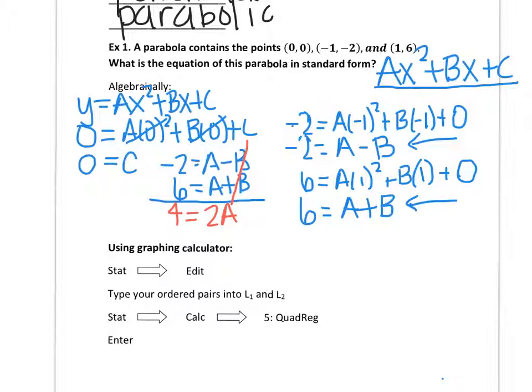What is A going to equal? We'll divide out the 2. A equals 2. So I have my A value and I now have my C value. So I'm going to use back substitution and plug in my 2 for my A into the 6 equals A plus B, and I'm going to figure out what my B value is.